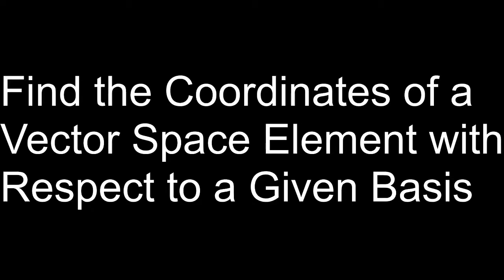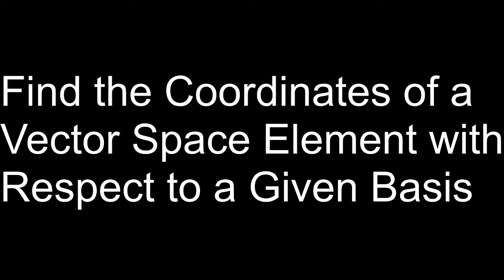So in this video, I will be defining what are the coordinates of a vector relative to a basis B, or with respect to a given basis B, or whatever the basis name is.